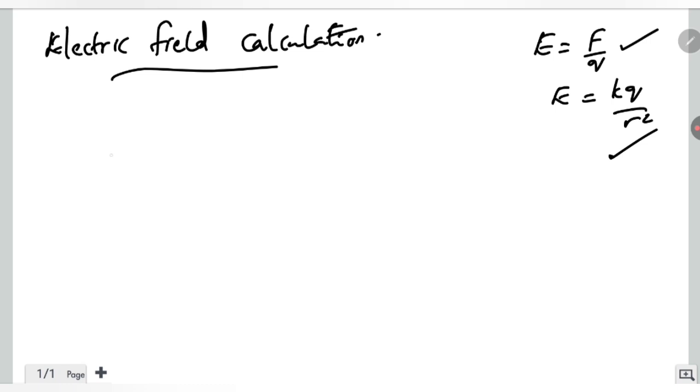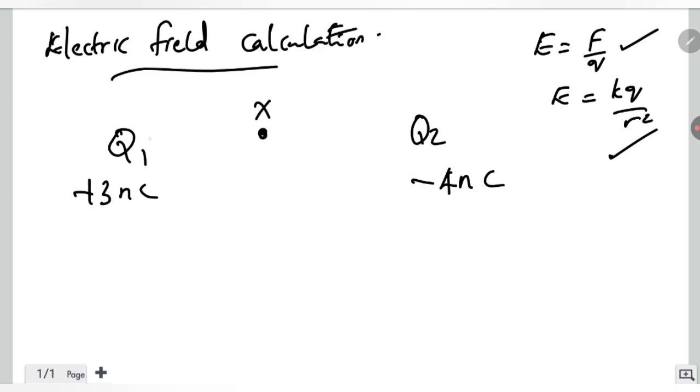But if you have two charges, let's say q1 and q2. q1 is plus 3 nC and q2 is minus 4 nC. There is a point x, which is 20 centimeters from q1 and 30 centimeters from q2.